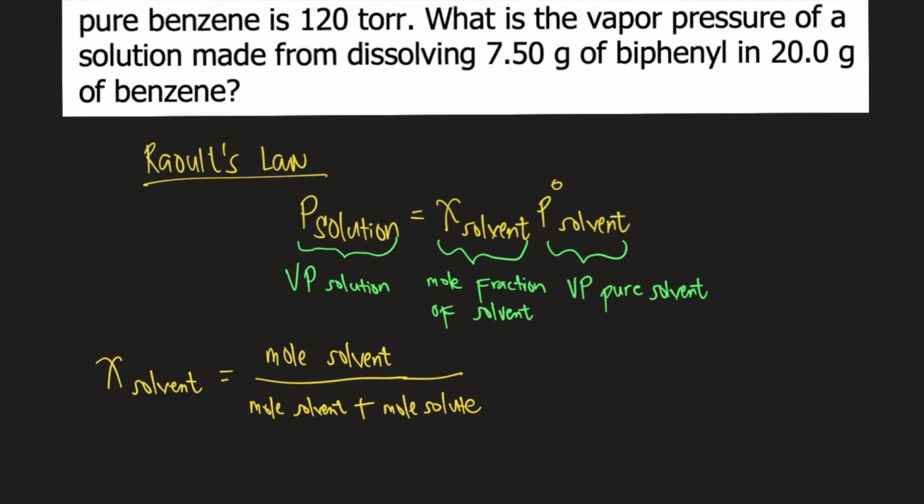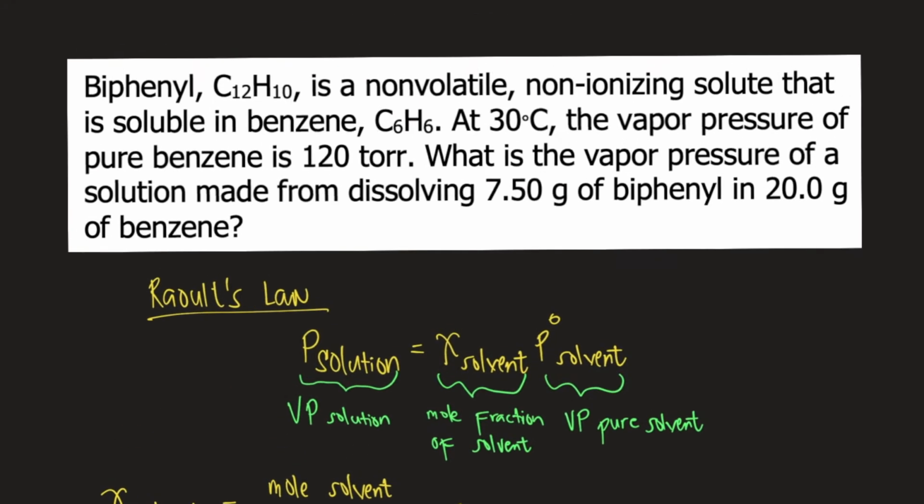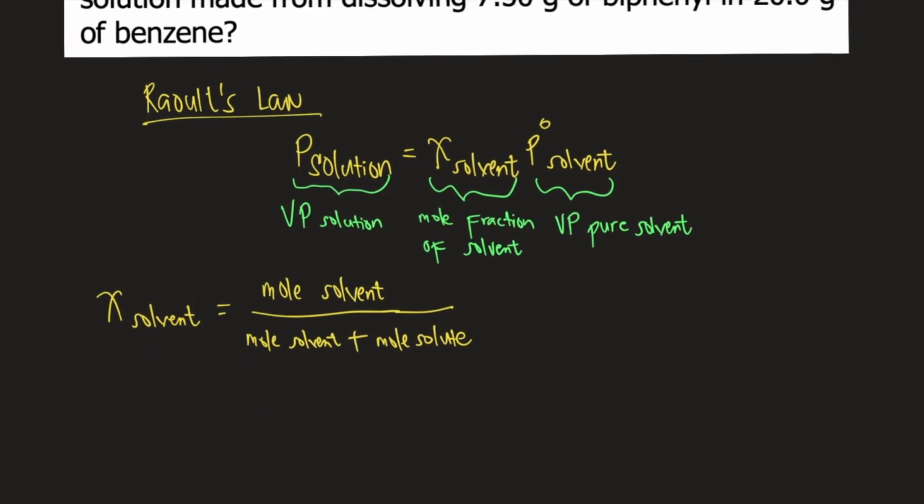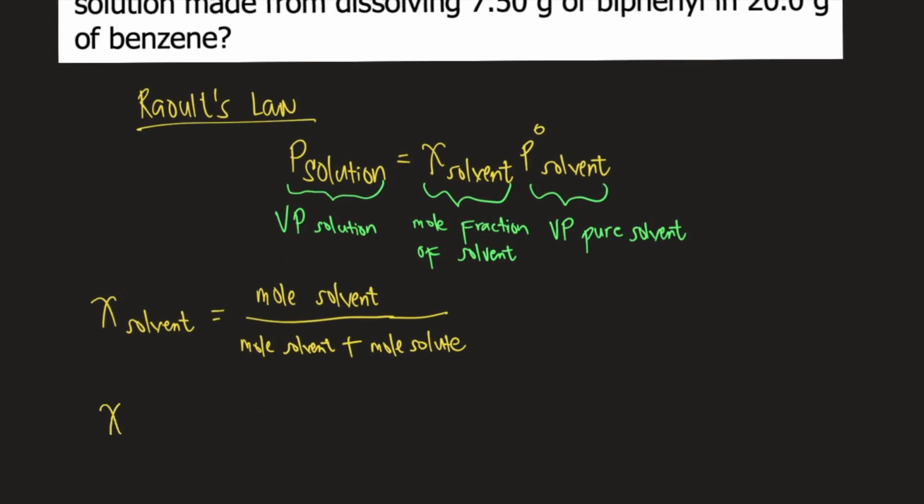So in our problem, our solvent is benzene, C6H6. If you read the problem, biphenyl is our solute and benzene is our solvent. So we will solve for chi of benzene, or the mole fraction of benzene.